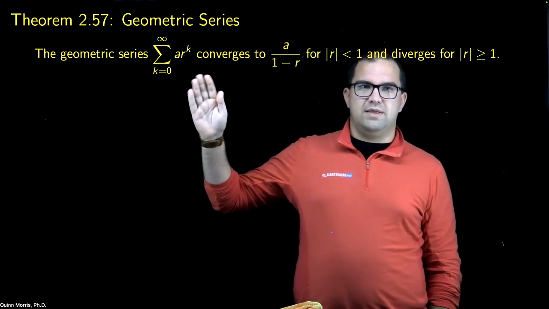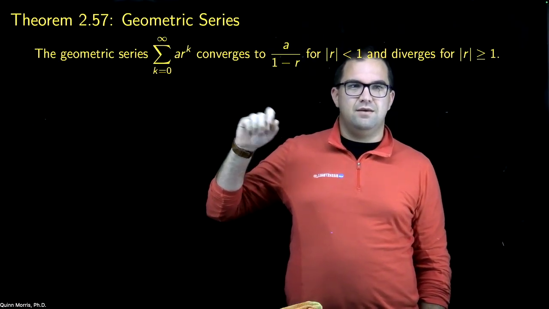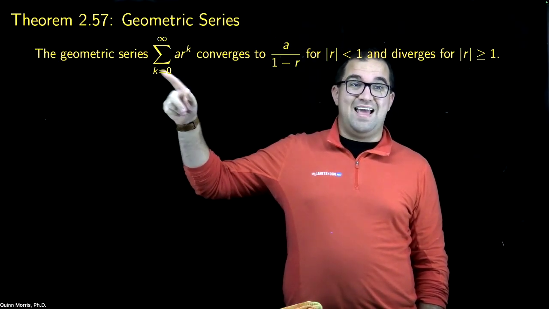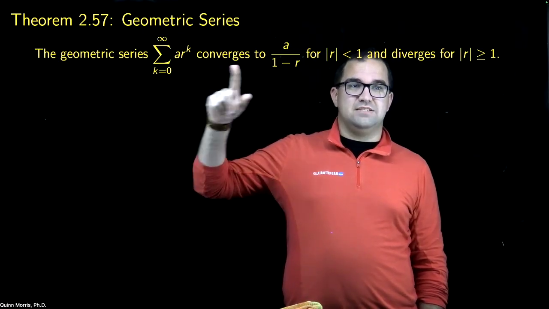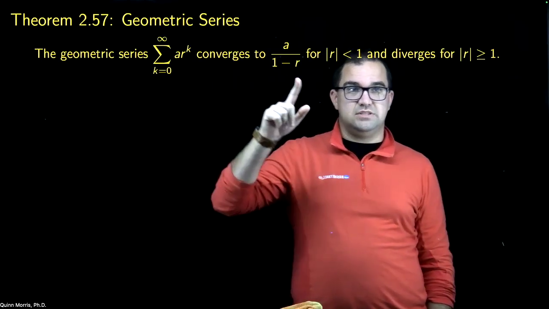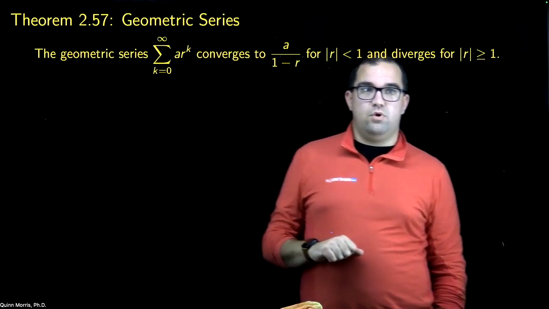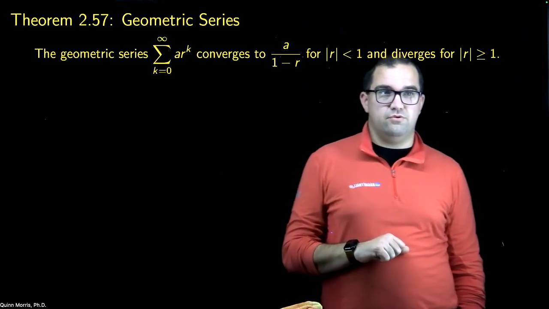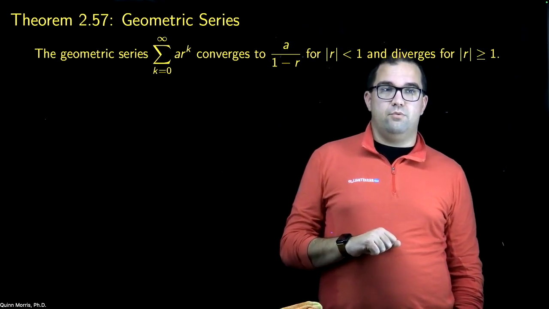So again, we wouldn't normally consider that a geometric series in any event, but we are making this assumption that a is not 0. So if a is not 0, then this geometric series converges when the absolute value of r is less than 1 and diverges when this absolute value of r is greater than or equal to 1.